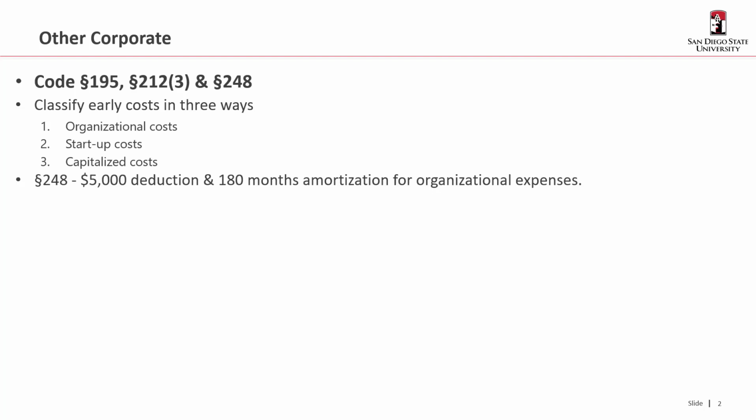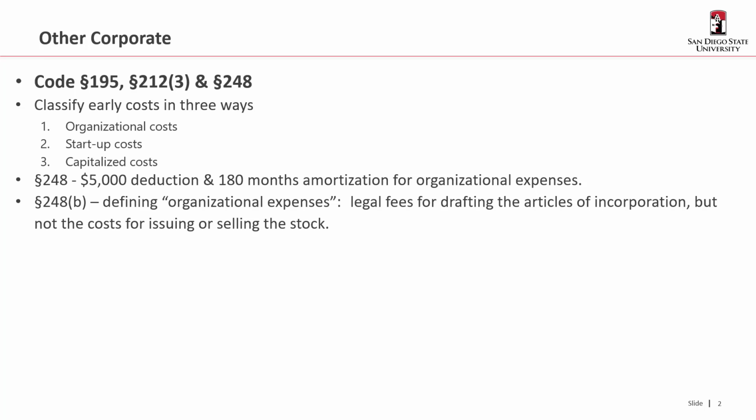So Section 248 provides the method by which we do this, and 195 follows the same pattern. It basically says, look, we'll let you deduct immediately up to $5,000 of your organizational costs, but whatever is left, we're going to make you amortize over 15 years or 180 months. So 248B defines organizational expenses.